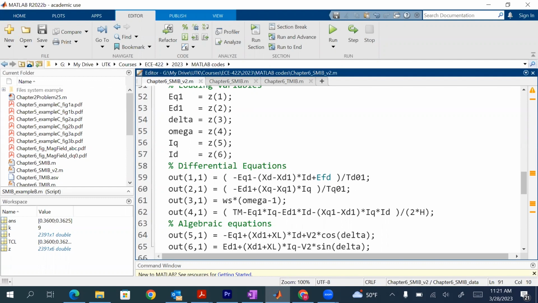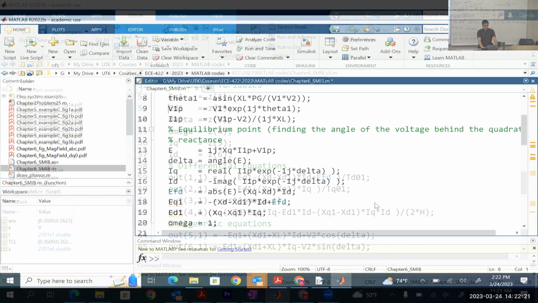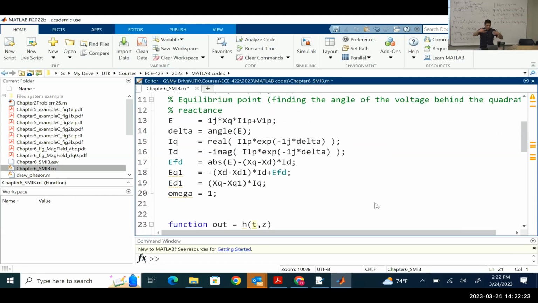And then from line 59 to line 65, we use these variables in the data to fill all the differential and algebraic equations. So far, okay, we have the calculation of the power flow voltages. We have the initialization of the variables, state variables and algebraic variables, we're done. And we put the function of data and differential equation.